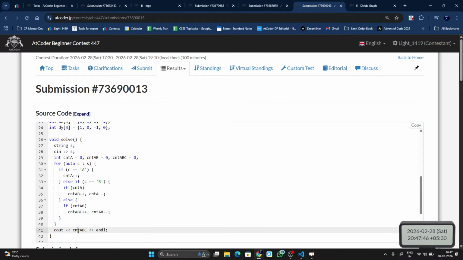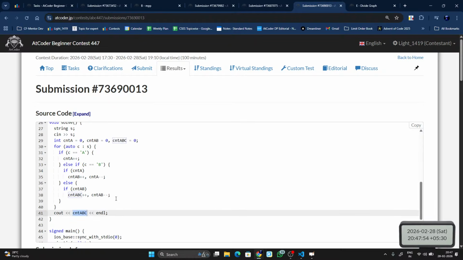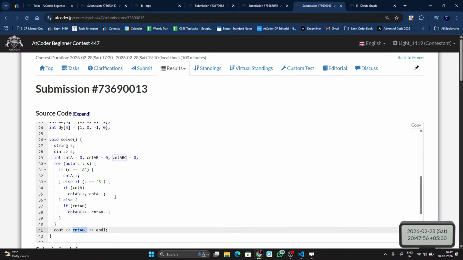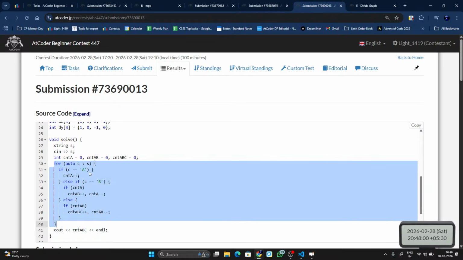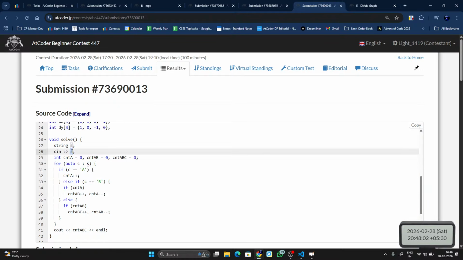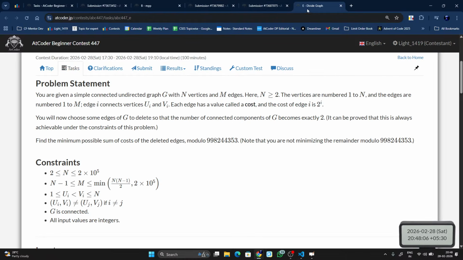And finally I will print the count of ABC as my solution. So this is the solution for problem D. Talking about the time complexity, we are iterating over the string only once. So if the length of the string is n, the solution is linear in time complexity. So that was the solution for problem D.